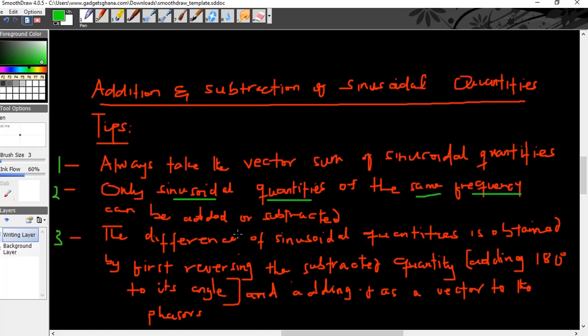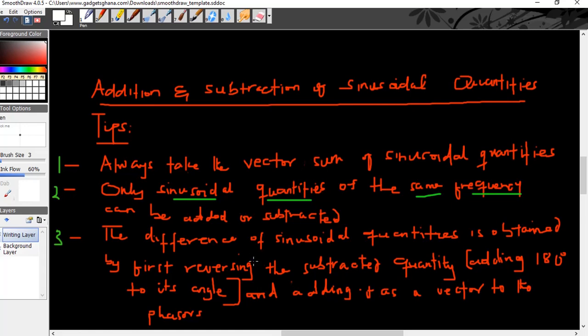The third and most important point is that when taking the difference of sinusoidal quantities, maybe subtracting one sinusoidal quantity from the other, the difference is obtained by first reversing the subtracted quantity and then adding it as a vector to the phasors. You already know from point one how to do the vector sum calculation.